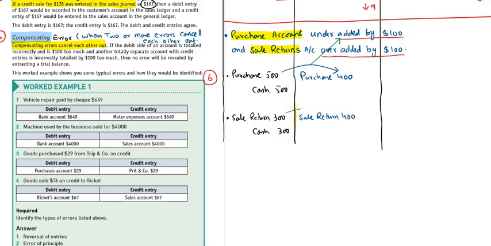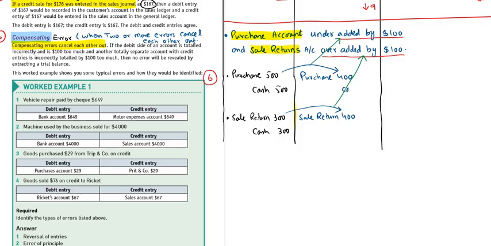So here we can see the sale return is over added by 100. So this is wrong, and the cash is recorded correctly.